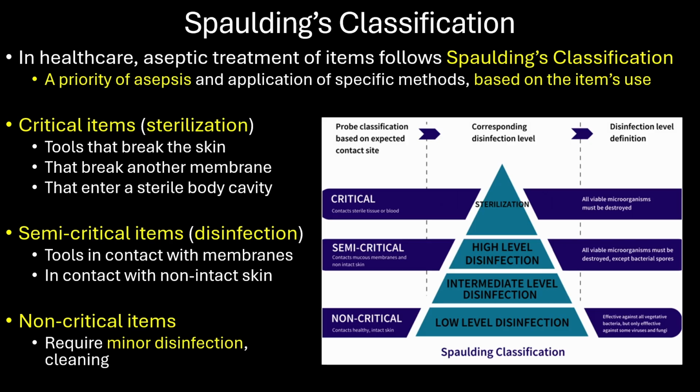Non-critical items require only minor disinfection or basic cleaning. So this is effectively everything else. Things that are going to be in contact with healthy patients, with healthy skin that is intact and not damaged in some way. This is an important breakdown of priority in terms of what tools receive asepsis in what way and in what priority.